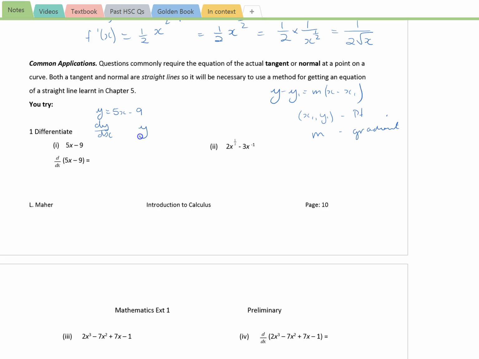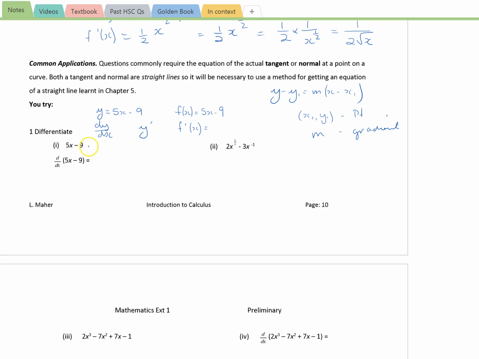Or we might choose to use a very brief notation, which is y dash. And if it had been named f(x) is equal to 5x minus 9, we would use the notation for the derivative as f dash x.